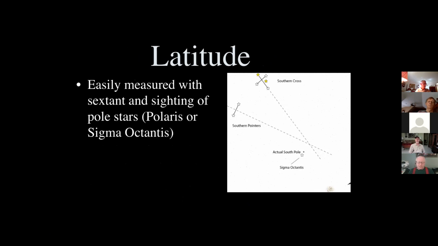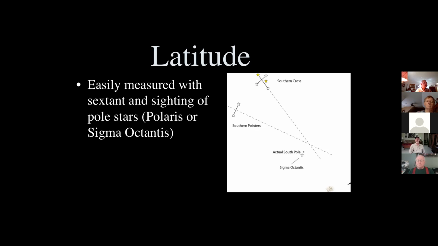So what you use south of the equator is something called Sigma Octantis, which is pretty close to true south, as you can see from the diagram. And you use the Southern Cross and the Southern Pointers to get you in the right area of the sky so that you can find Sigma Octantis.